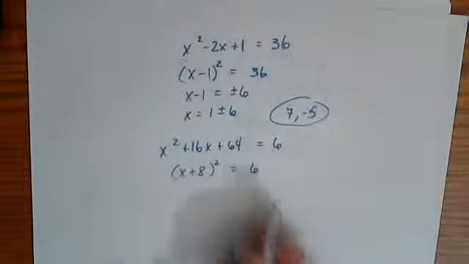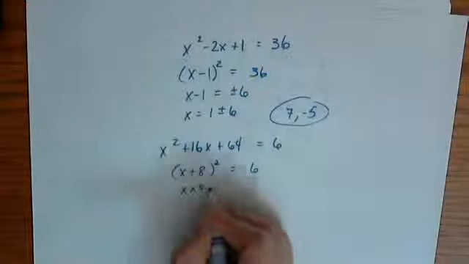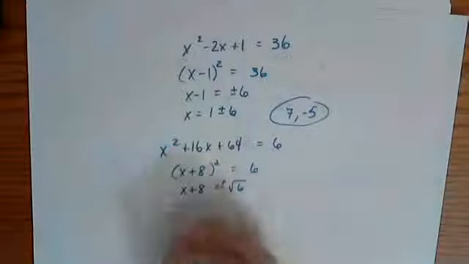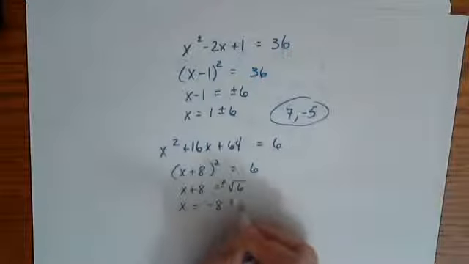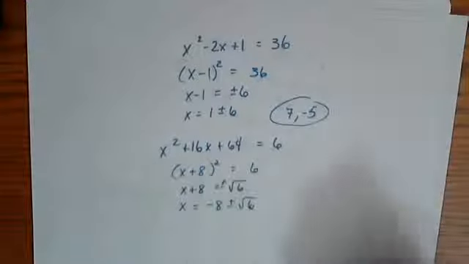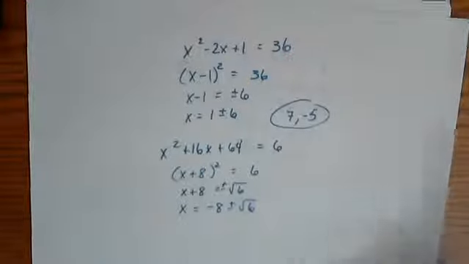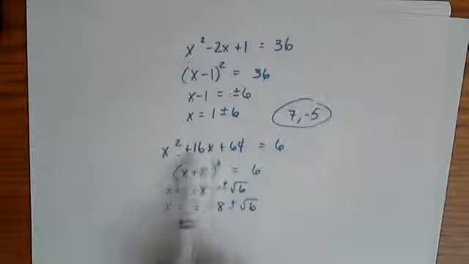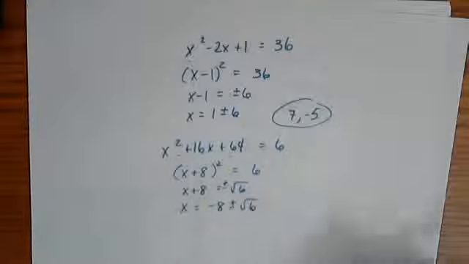Now if I take the square root of both sides, I have x plus 8 equals the square root of 6, and that's a plus or minus. So x equals negative 8 plus or minus the square root of 6. Okay, we weren't really completing the square there. We were just using our ability to factor this into a perfect square.